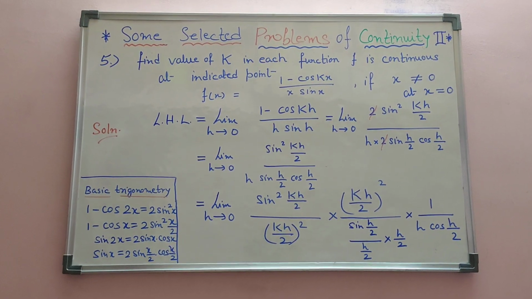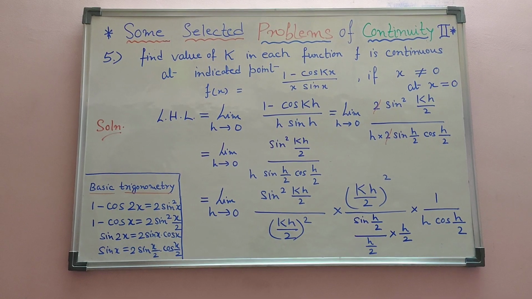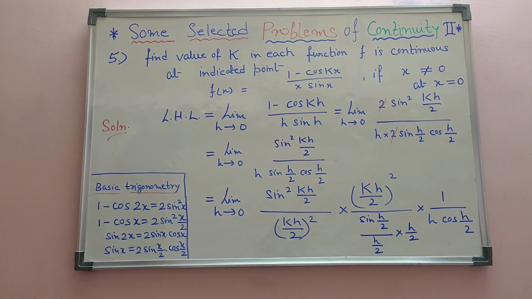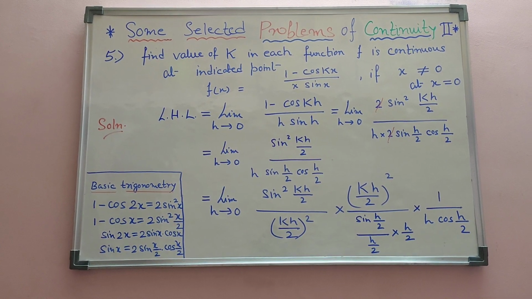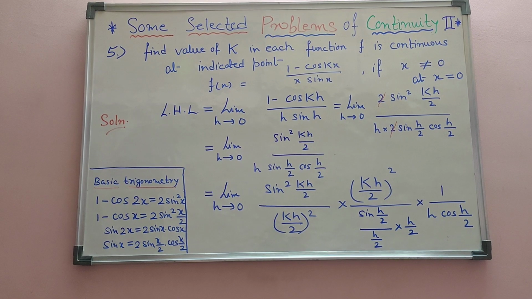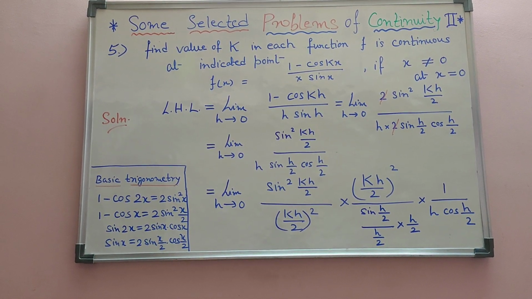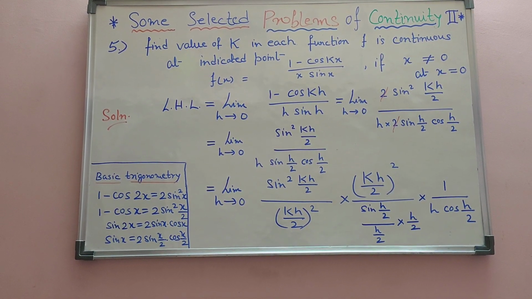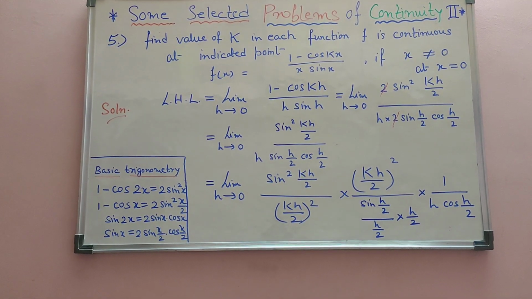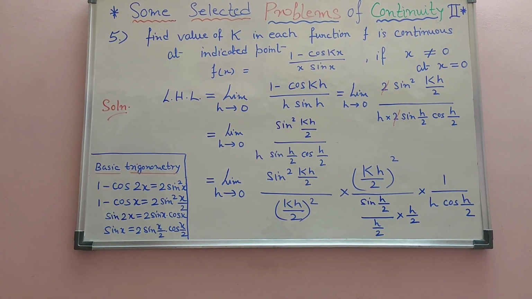Now see this step very carefully, because here we are using a basic concept of trigonometry. We change 1 minus cos kh into 2 sin square kh by 2.